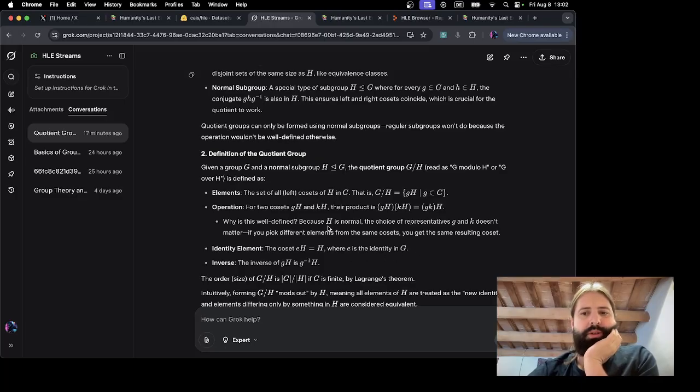Why is it well defined? Because H is normal, the choice of representatives g and k doesn't matter. If you pick different elements from the same cosets, you get the same resulting coset.